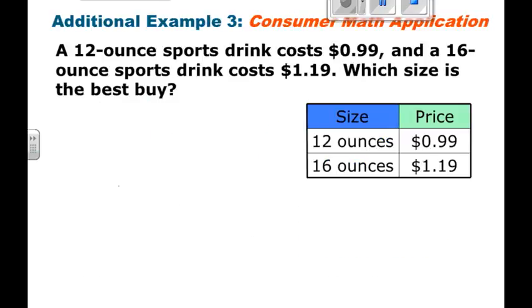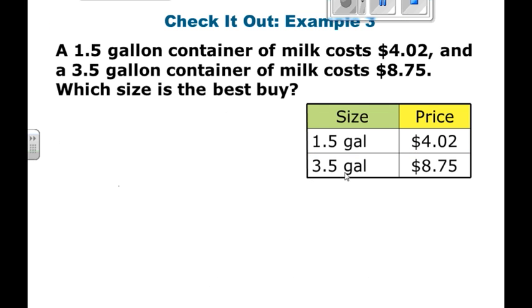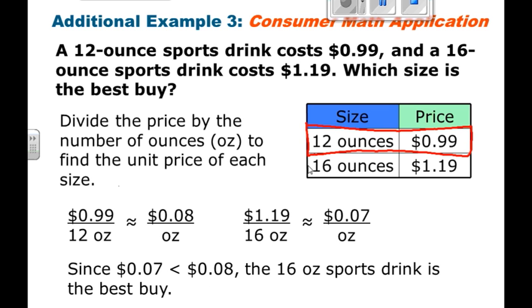Okay, now we're going to compare prices. They give us the price of a 12-ounce sports drink and a 16-ounce sports drink, and we have to determine which size is the best buy. That's what the question is asking us. In order to find this, we have to actually find a unit rate.